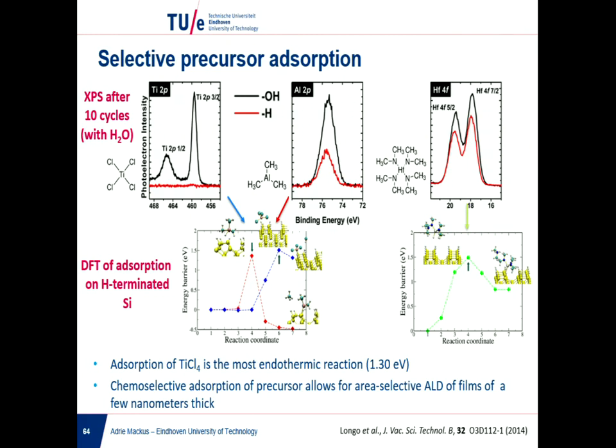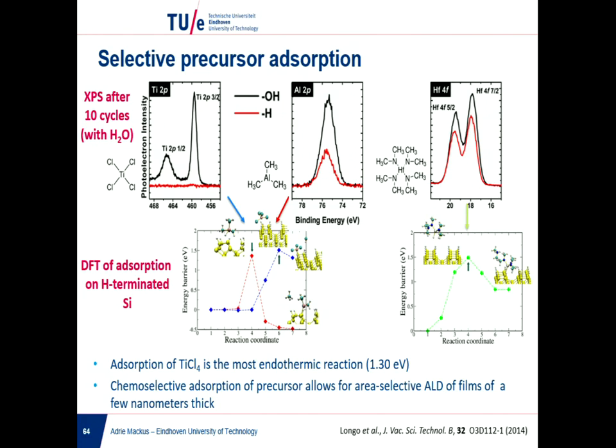So in this study they tried to explain this by studying the underlying surface chemistry using density functional theory calculations. So from that they learned that the adsorption of these precursors on these different hydrogen terminated surfaces in all cases, the barrier for that is quite high, but the reaction is especially the most difficult on this surface, for the dichloride precursors.